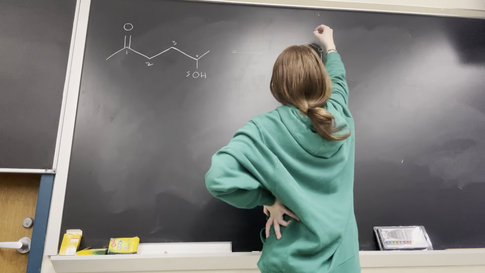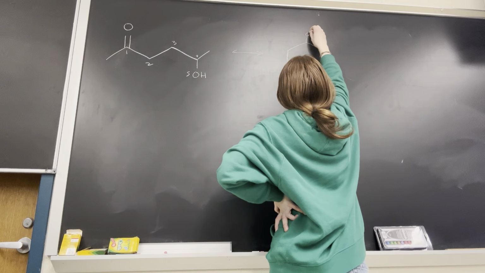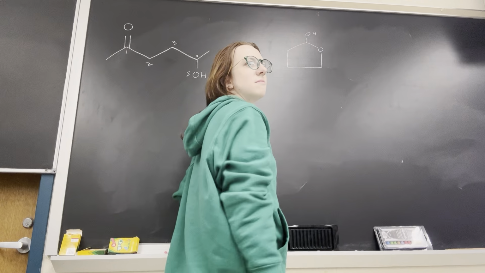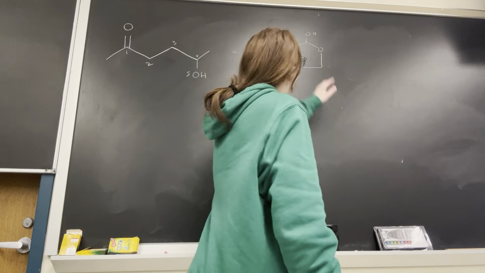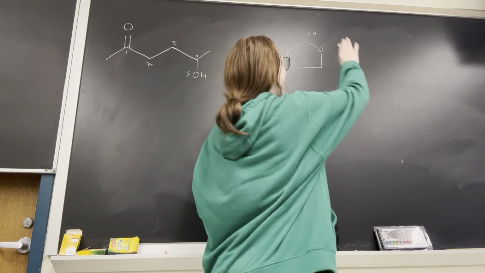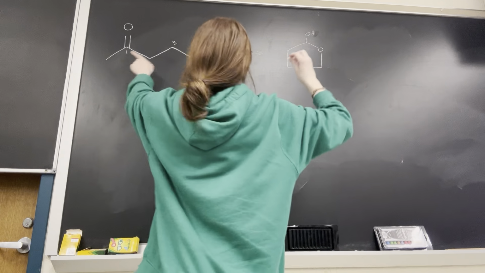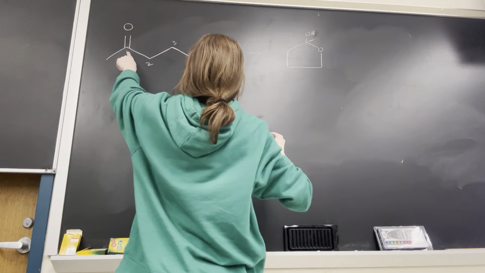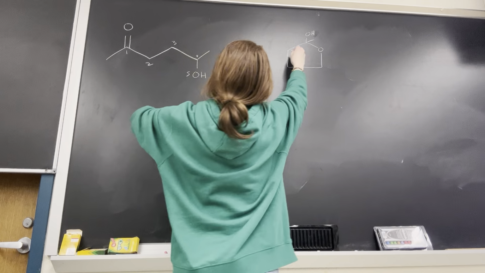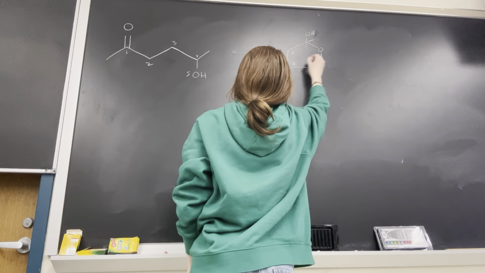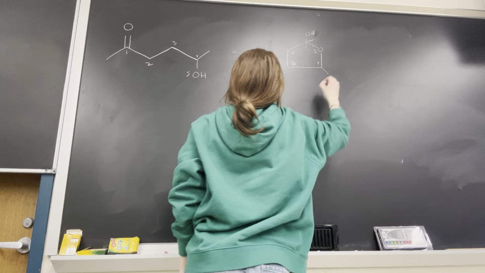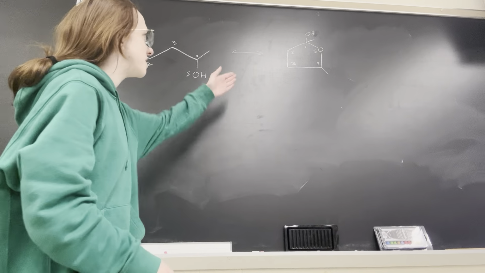Wait, isn't this supposed to be an oxygen? Yeah, it's an oxygen. Oh, you said circle. That's why I was confused. I know. It technically is like a circle. Yes, oxygen is circle. We also have a methyl. And then on 1, 2, 3, 4, 5. So this one's pretty easy.